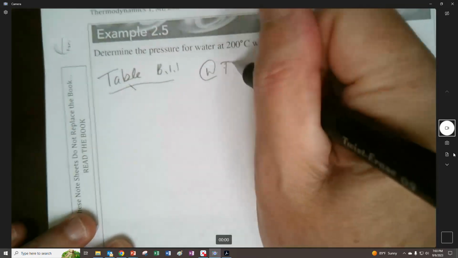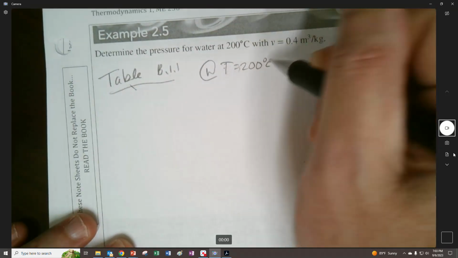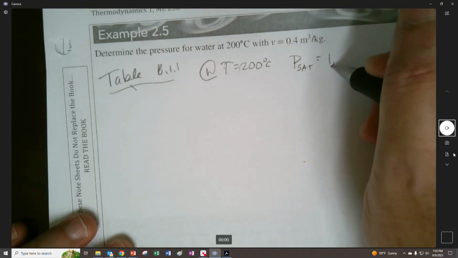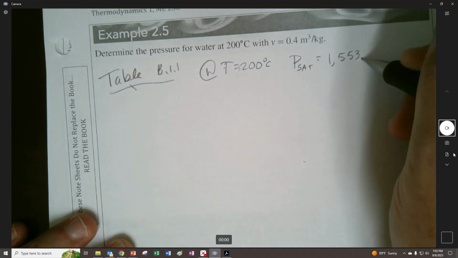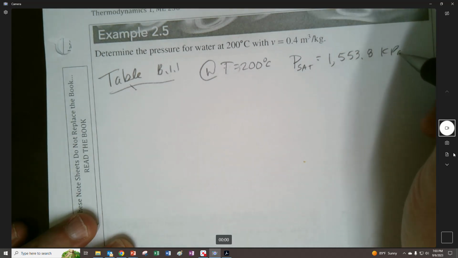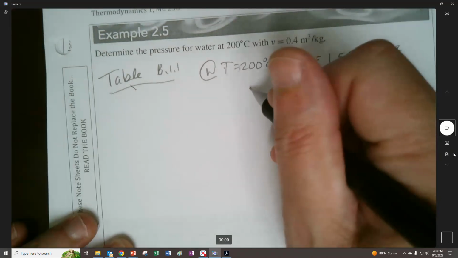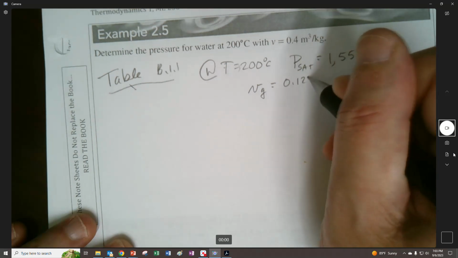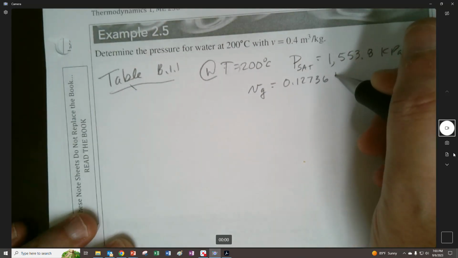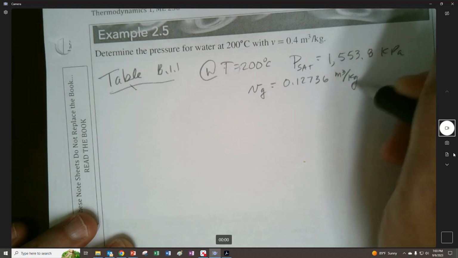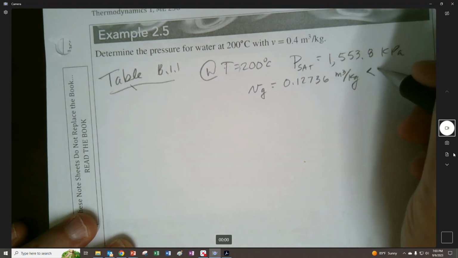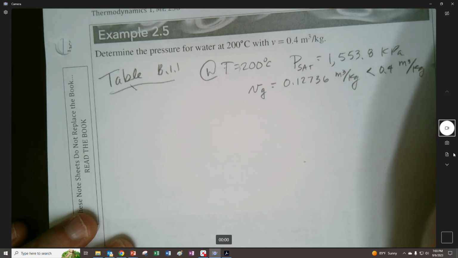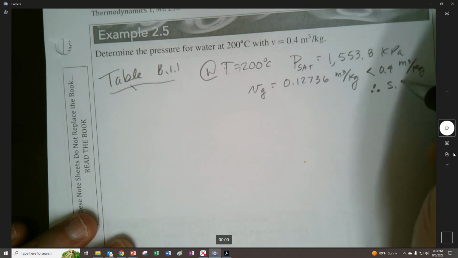At T equal 200 degrees Celsius, which, just for the record, is a PSAT of 1,553.8 kilopascals absolute, we found that the VG is going to be 0.12736 meters cubed per kilogram, and this is going to be less than 0.4 meters cubed per kilogram. Therefore, superheated.